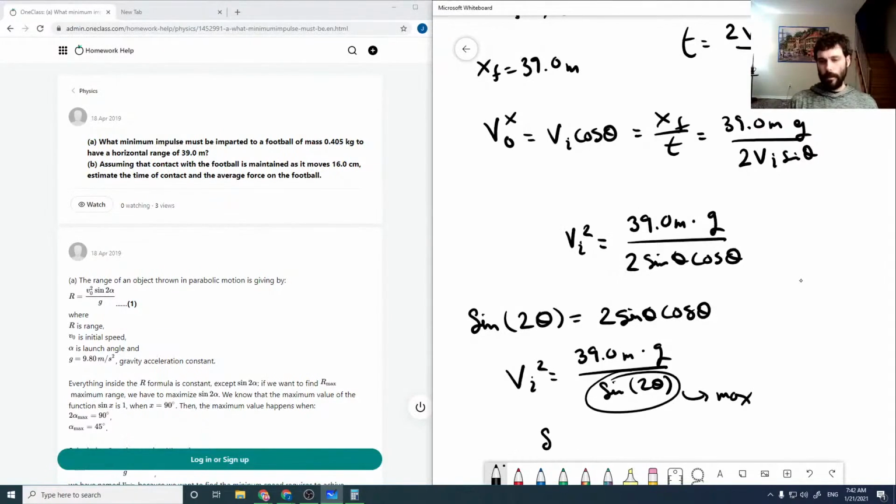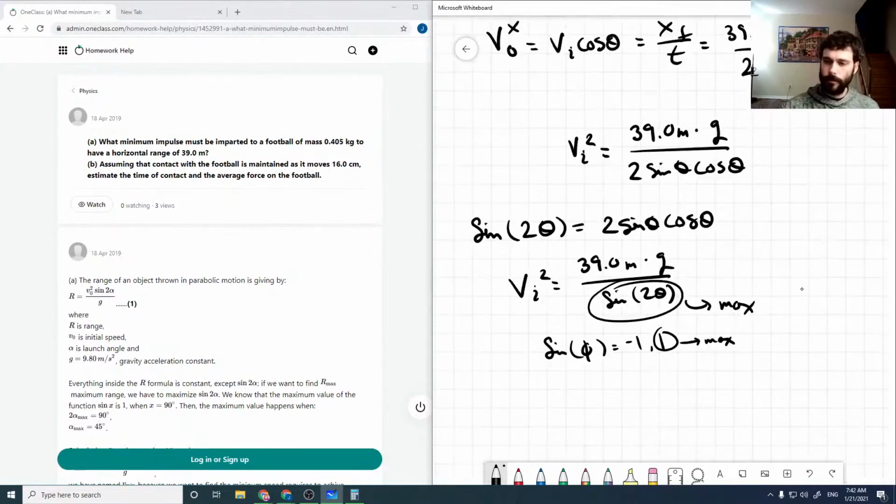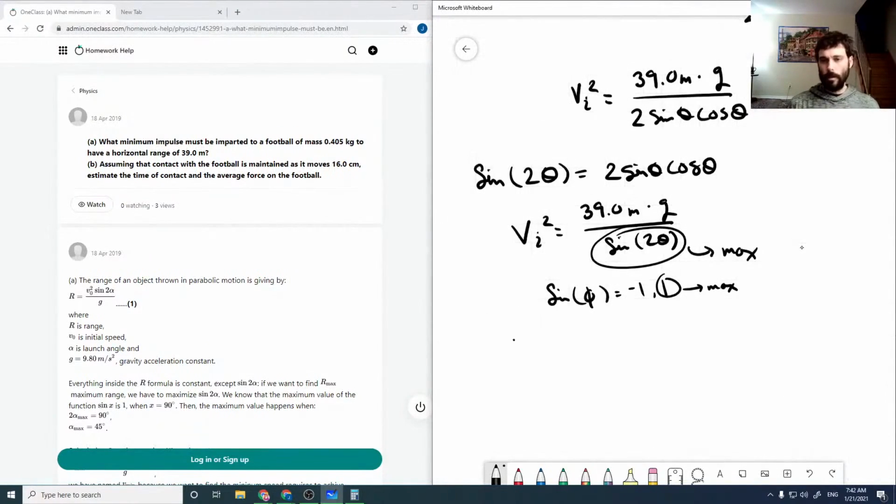So sine of 2 theta is equal to basically minus 1 or 1. So 1 is our maximum. Alright, so sine of 2 theta equals 1 at max. So then 2 theta equals 90 degrees. So theta equals 45 degrees.